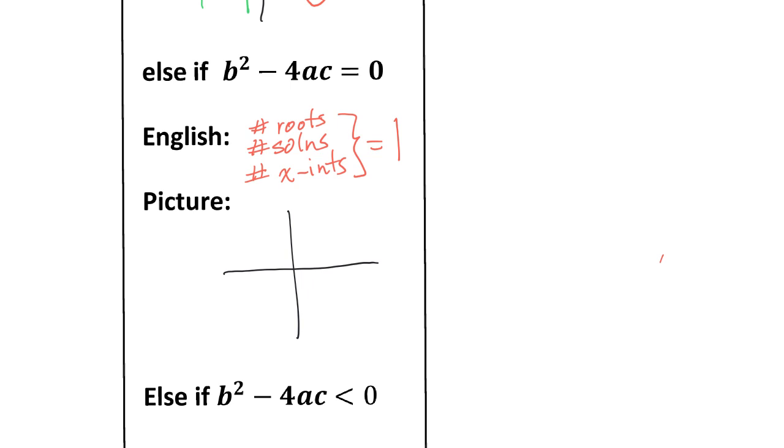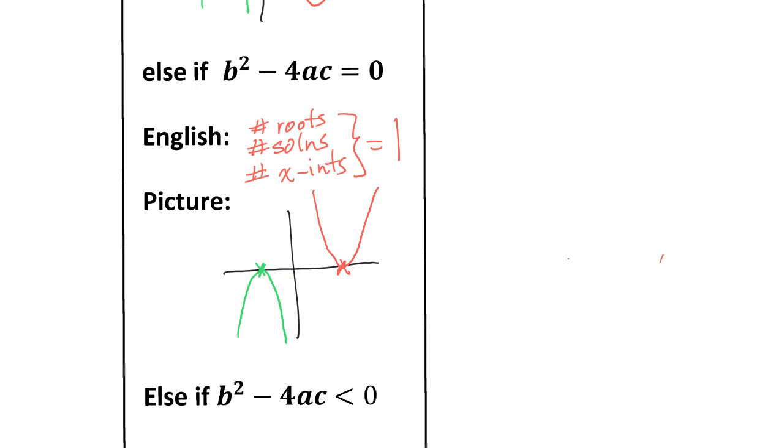So for a red parabola, it would open up and its vertex would touch the x-axis. If it was the green one that opens down, it would open down, but it would just touch the x-axis at that point. So it just sits on the x-axis.